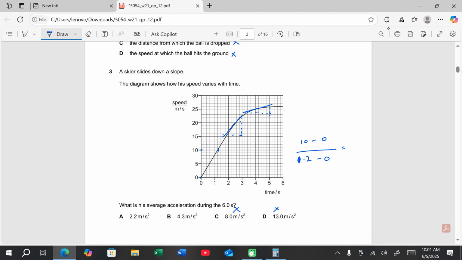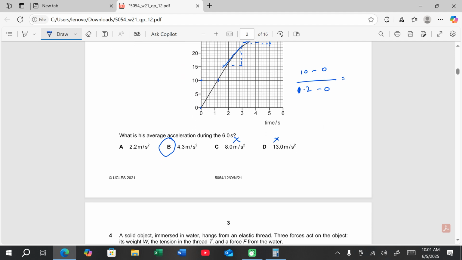So it is going to give you something like 4 point something, because 2.2 is very small. When I calculated through the tangents, it always gives me 4.3.